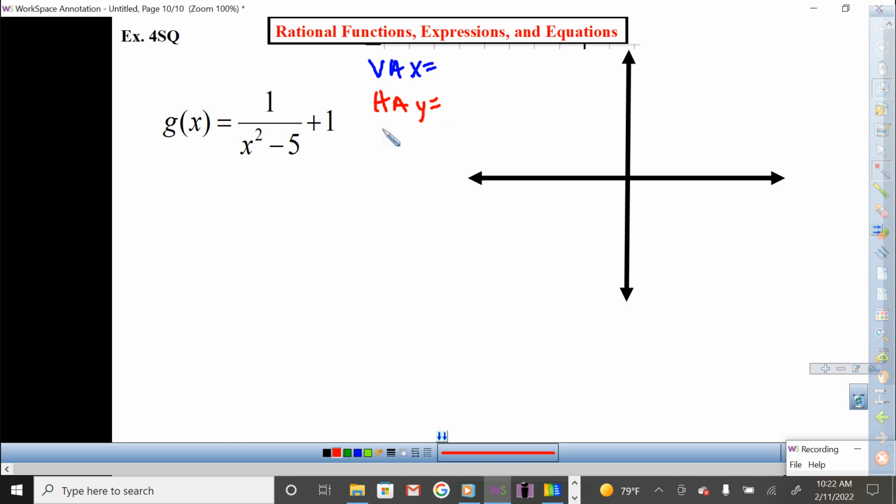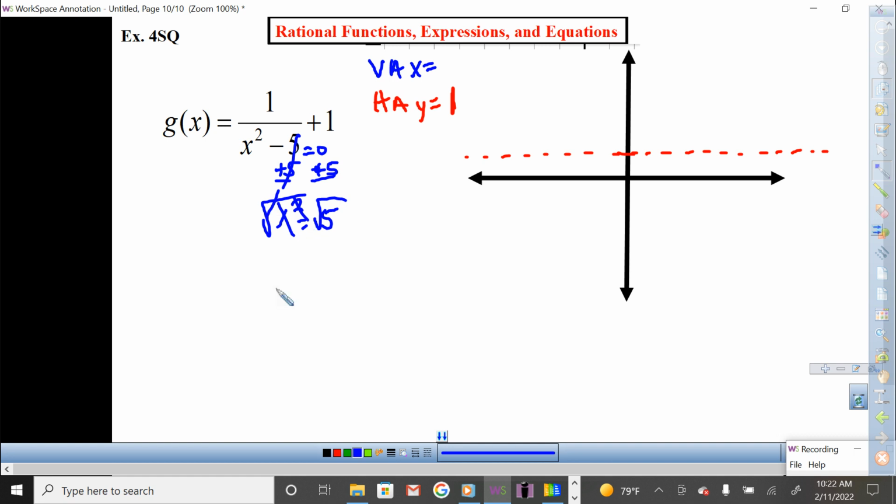Okay, I'm going to give you the easy one. HA is 1. Yeah? Okay, 1. Horizontal asymptote. There it is. How about our VA? Set equal to 0, plus 5 to both sides. X squared equals 5. Square root. X equals plus or minus square root of 5.